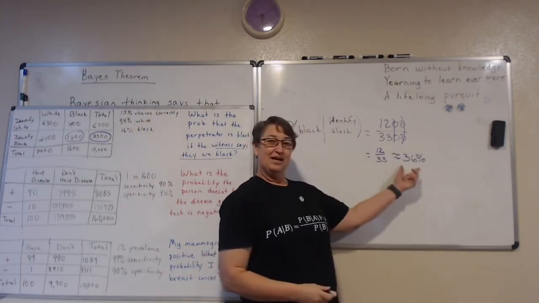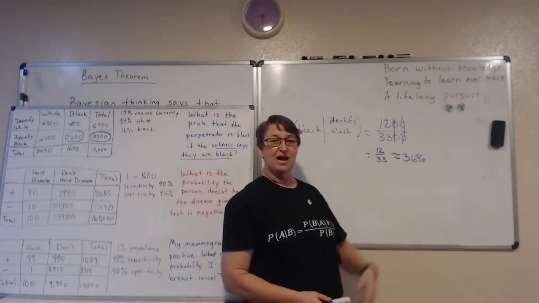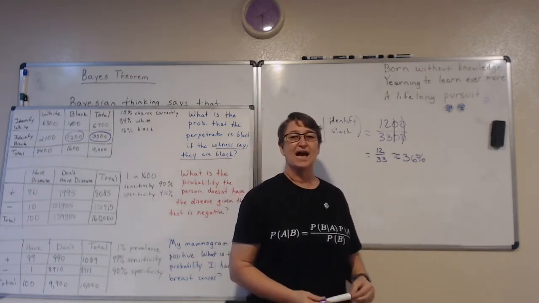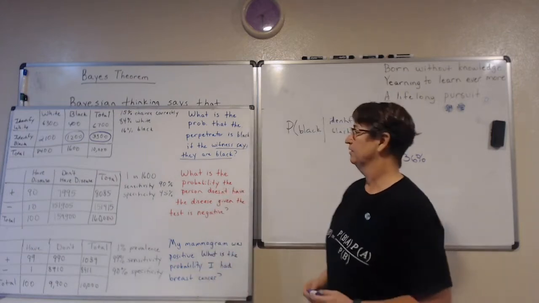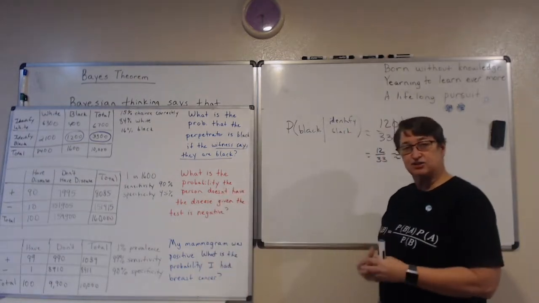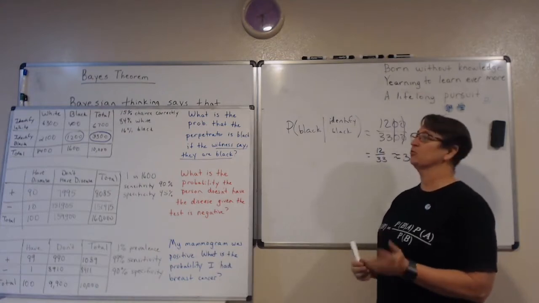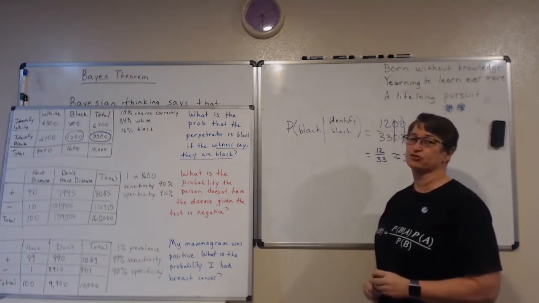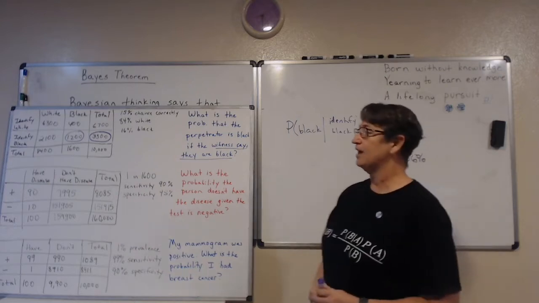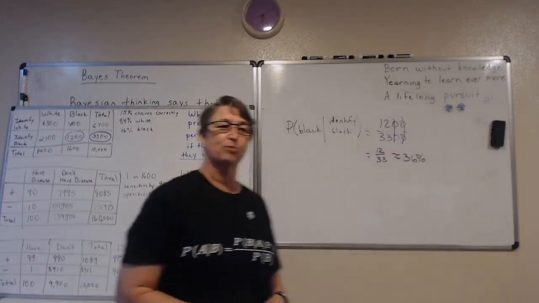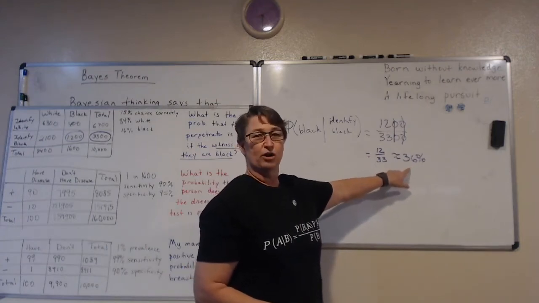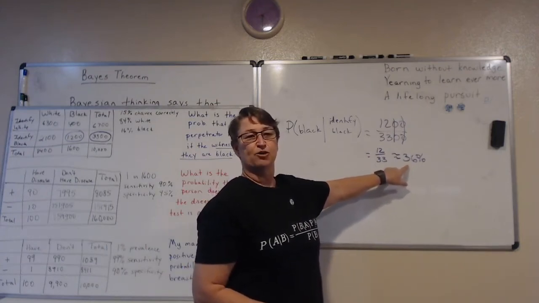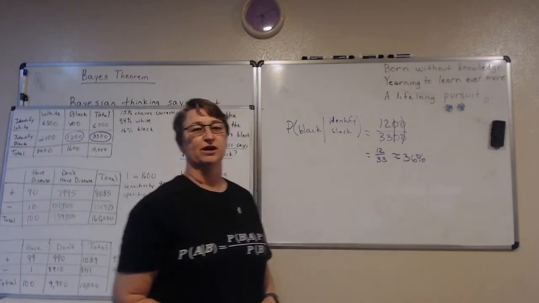And yet, it's only 36% of the time that when they identify them as black, they actually are black. So your thinking gets adjusted. You're thinking, well, 3/4 of the time they're getting this correct. And yet, when you start looking at the numbers and the probability, you realize that the probability is a lot lower, that when they say they're black, they actually are. Crazy, right?